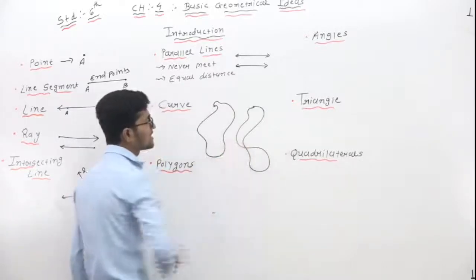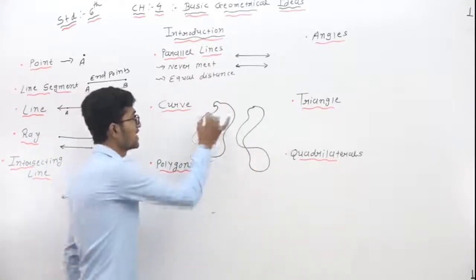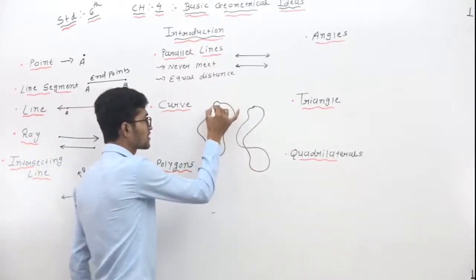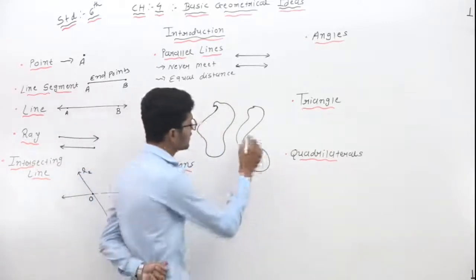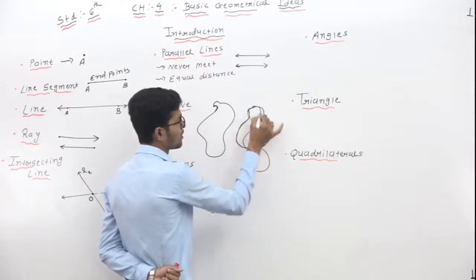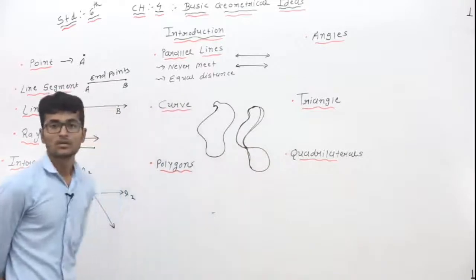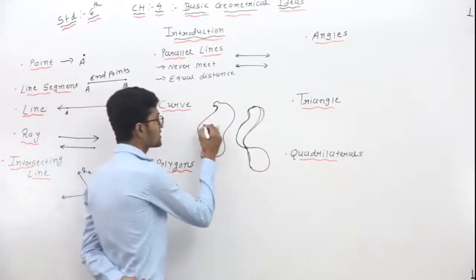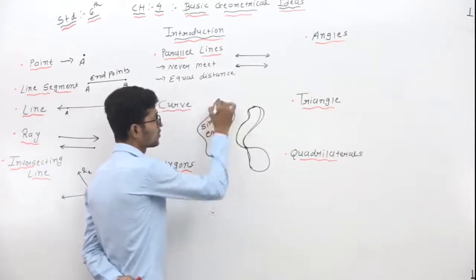Here two figures are drawn. This one is one figure, this one is our second figure. In the first figure, it starts at this point and ends at this point. And the second figure meets at one point here. It's called a simple curve. Why?